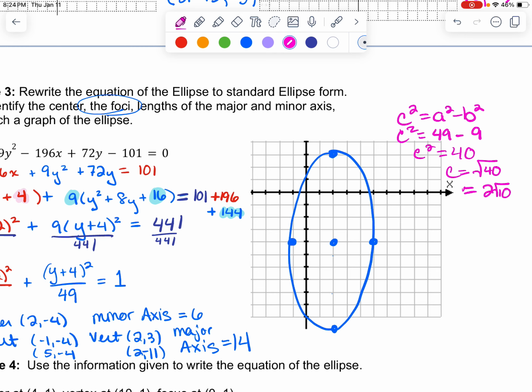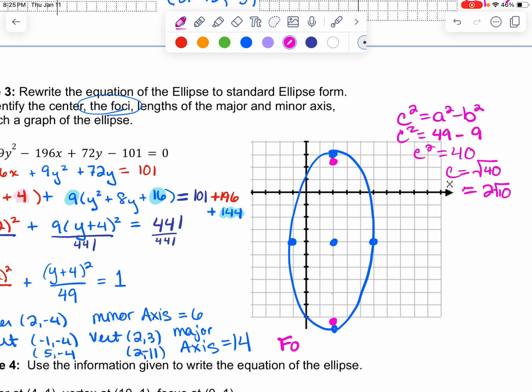When I go back to the square root of 40, it is less than the square root of 49 and more than the square root of 36, which means it's in between 6 and 7 units. So I counted off 1, 2, 3, 4, 5, 6, which means my foci land here. Now I do need to have coordinate points for those.